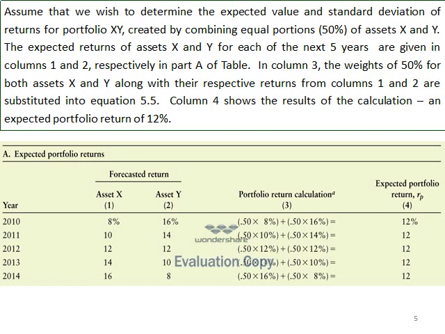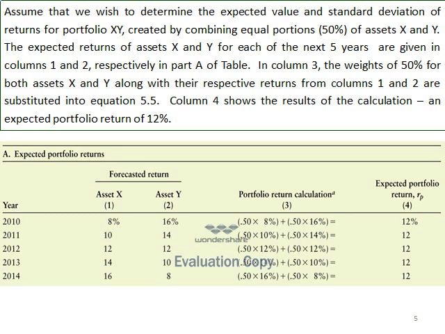For asset X, as we see, the return is 8%, 10%, 12%, 14%, and 16%. For asset Y, it was 16%, 14%, 12%, 10%, and 8%.